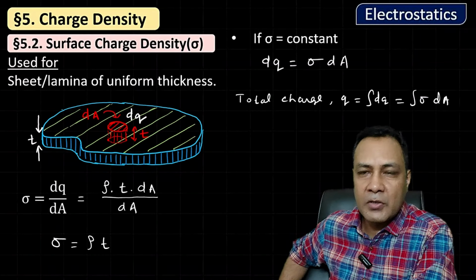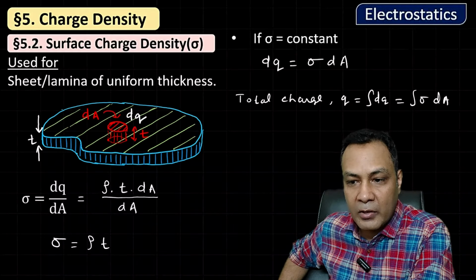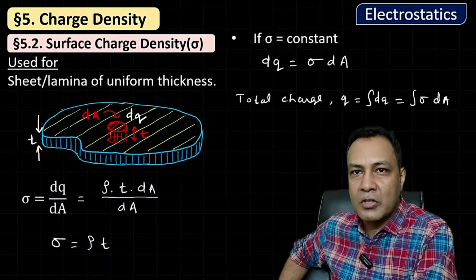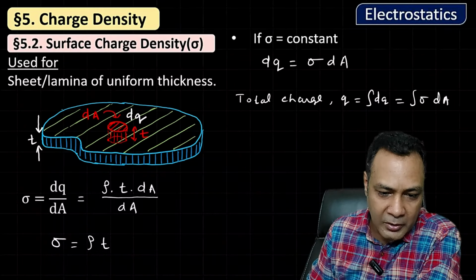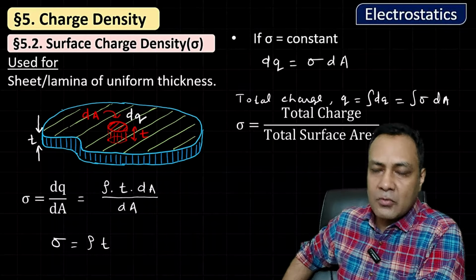If sigma is a constant, sigma will come outside, and the integration of dA will become the total area. So we will have total charge is equal to sigma into total area. So sigma is equal to total charge upon total area, and that is when sigma is constant.